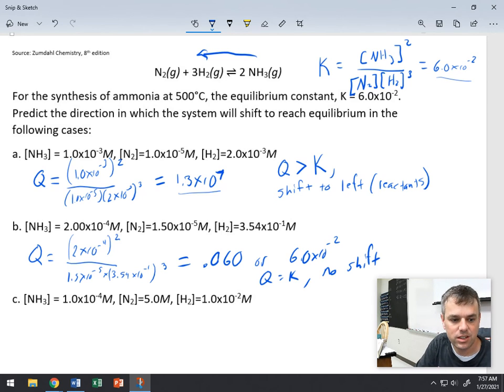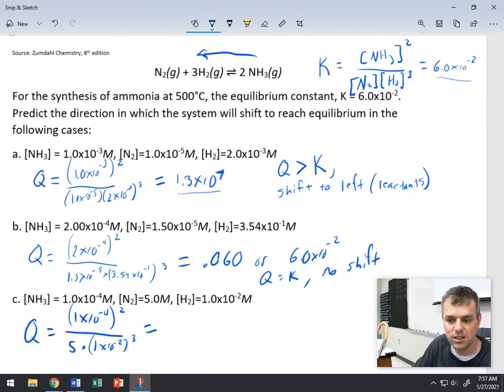And then let's look at this last scenario. Q equals 1 times 10 to the minus fourth squared divided by 5 times 1 times 10 to the minus second cubed.